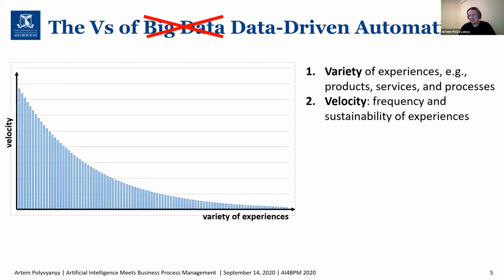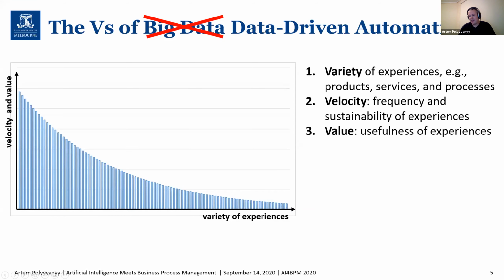So the next V is value, right? So I already talked about value, so usefulness of these experiences. And then on the y-axis, we plot values which are a function of velocity and value. So the experiences get reshuffled from most frequent and valuable to infrequent and negligible, right?